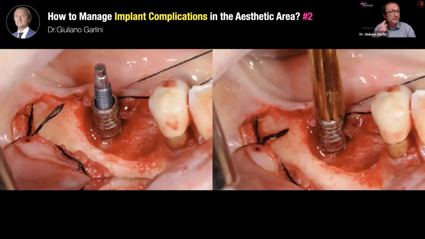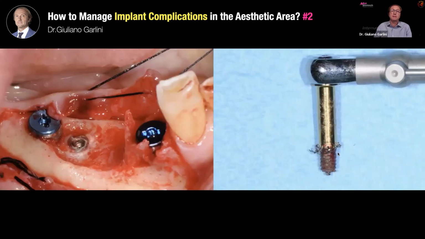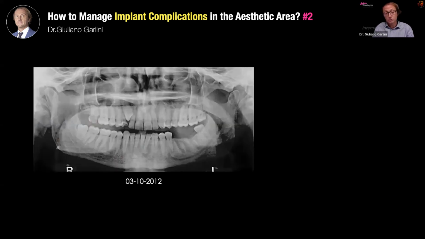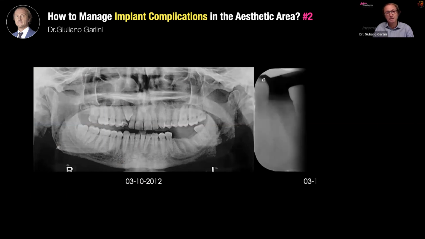For example, in this case, when I tried to remove the implant, I just put the fixture remover, and I saw that there was an implant fracture just down here, and the implant completely remained inside the fixture remover. So this could happen more frequently than you can expect.